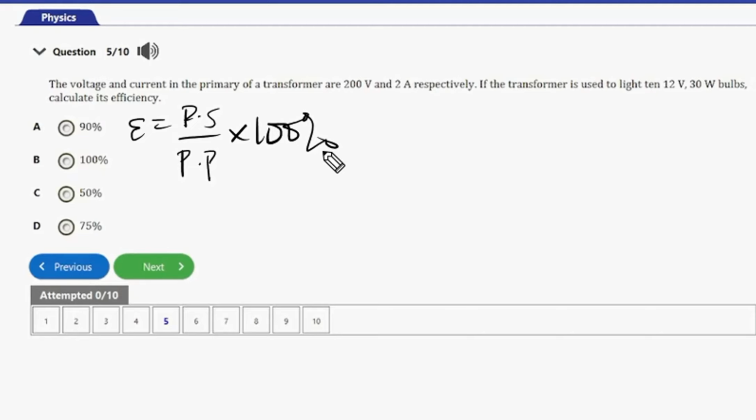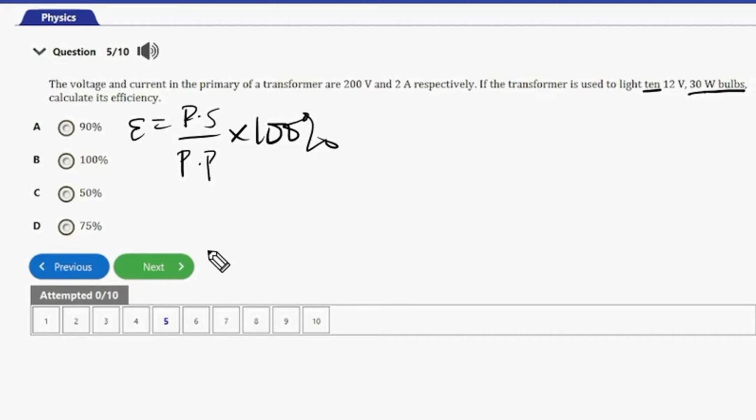So guys, the power for the secondary here will be 10 times 30, since we have here that the transformer is used to light 10 of this 30 watts bulb.